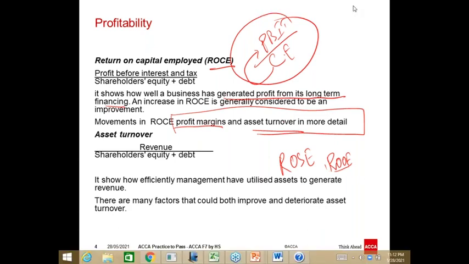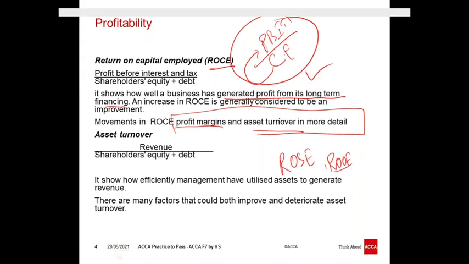Now, remember this point that you always have to start from the ROCE, and you have to attribute the movement to the profit margin and asset turnover. Then you should shift towards the asset turnover, which is based on the revenue divided by capital employed. So you are now here.